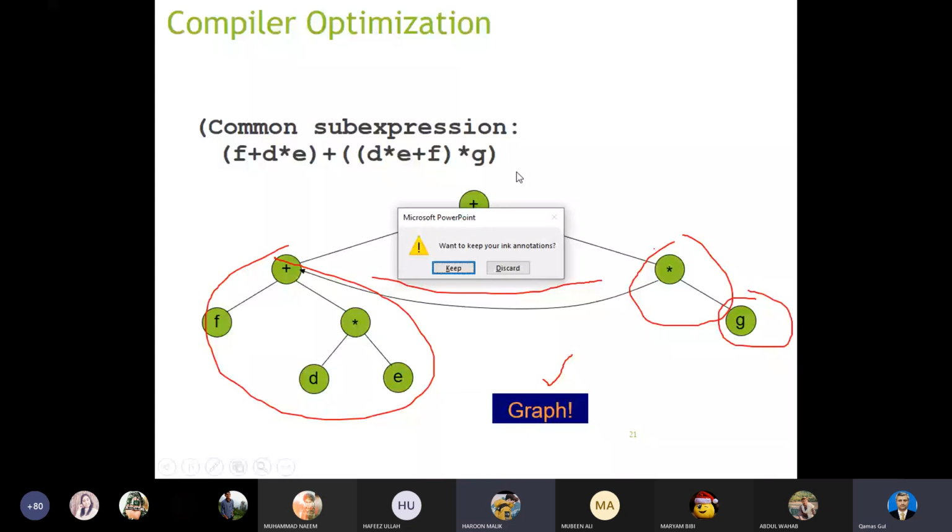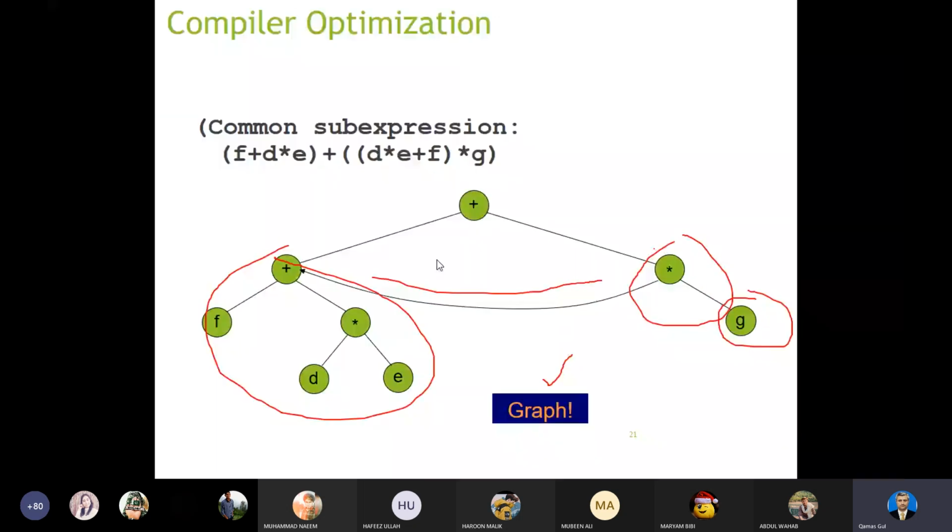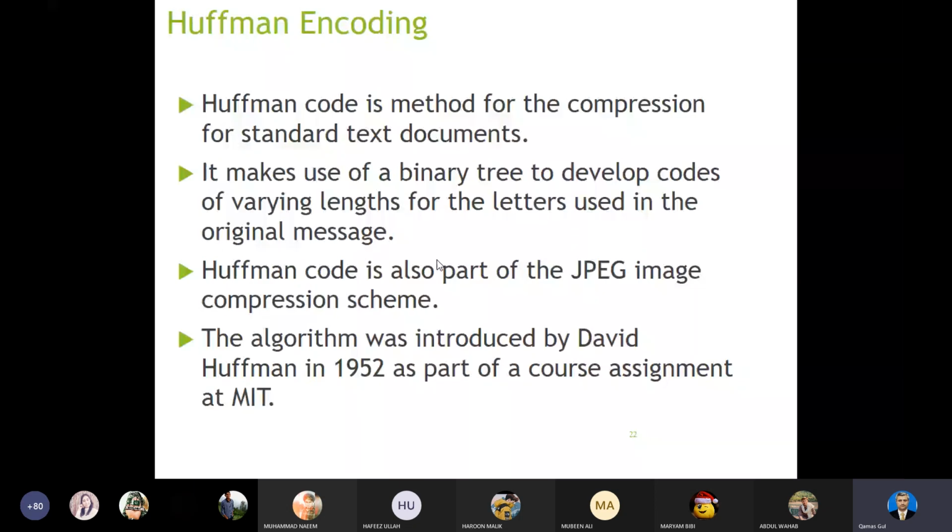Okay. So we are discussing the applications of binary trees or binary search trees. Another application of the binary tree is Huffman encoding.